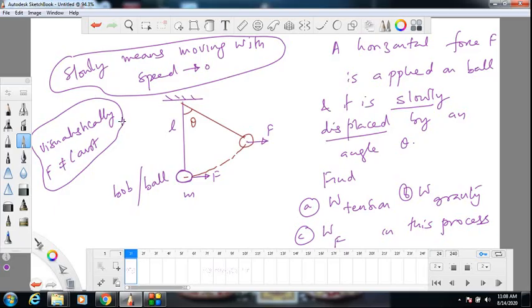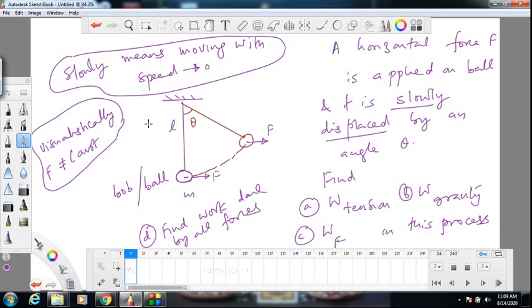That is what at least we can feel, but we'll explore that mathematically. So we want to find work done by tension, work done by gravity, work done by F. And there is also a last bit: find work done by all forces by the time it gets displaced by angle theta.